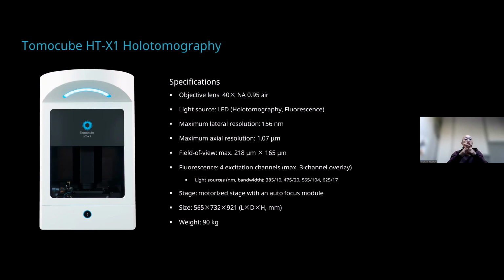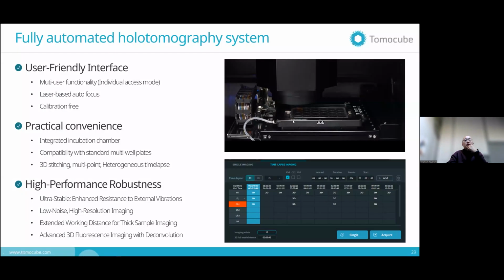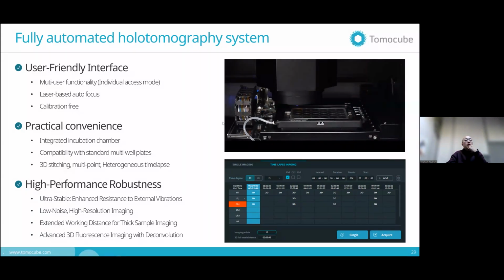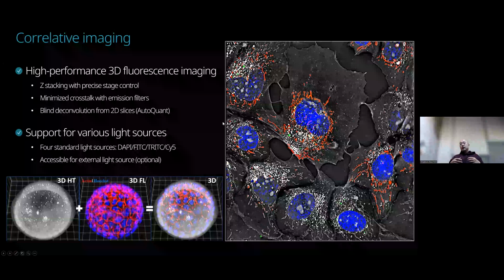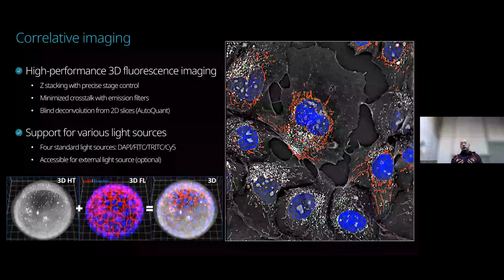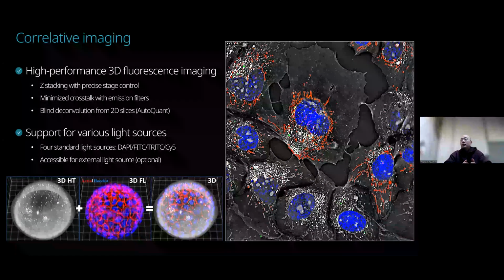It also has 4-channel fluorescence for 3-dimensional fluorescence imaging based on a deconvolution algorithm. We can overlay 3 channels, and we have incubators inside, so we can measure over a long period of time. Since we have both HT and 3D fluorescence in the same machine, you can perform correlative imaging like PET-CT.